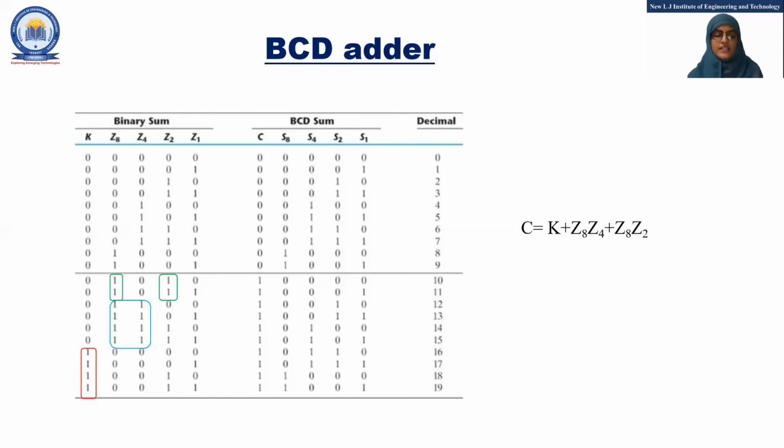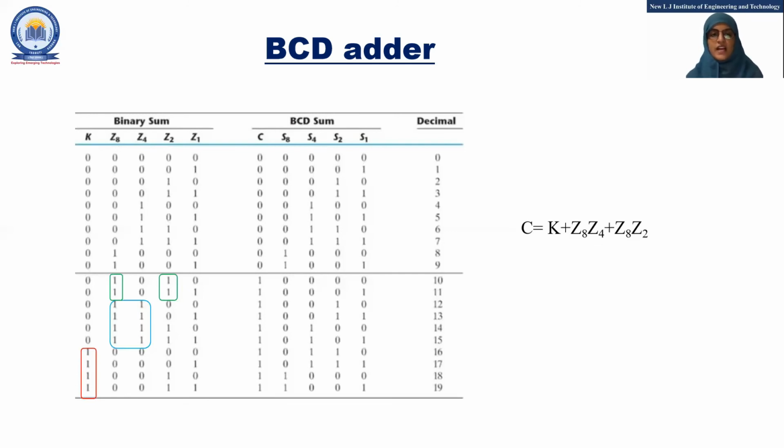Plus, we notice that for Z8 and Z4, combinations 12 to 16 are 1 and these outputs are also 1 for C, which is the carry bit of the BCD sum. So we will write it like Z8, Z4. So the equation till now is C equals K plus Z8 and Z4.